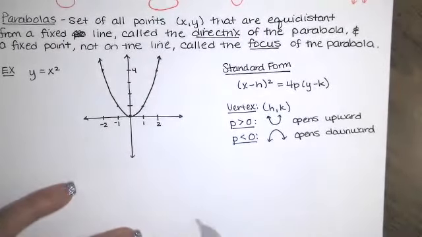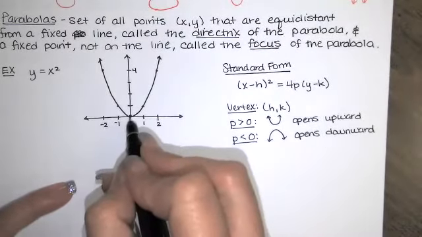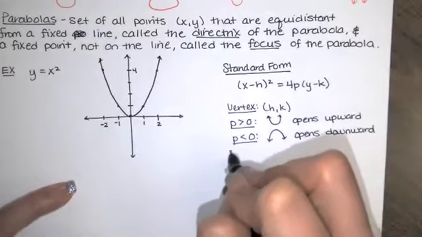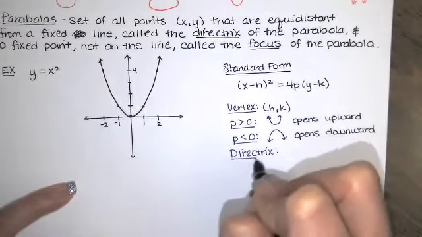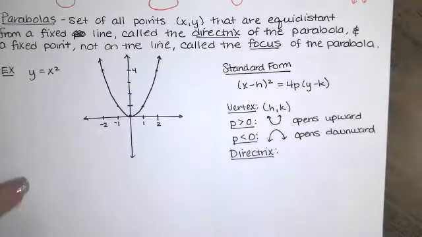Now the directrix is below the vertex, or above the vertex, depending on whether your parabola opens upward or downward.